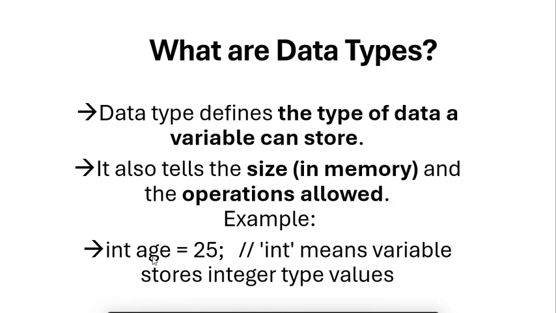Age is a variable name which stores the value 25. Here it is a comment line. Int means the variable stores integer type of values. Here age is a variable name which stores an integer type of value. Got it? Very simple, right?